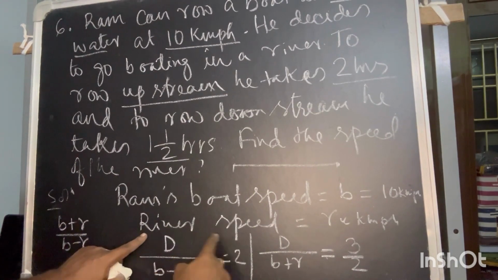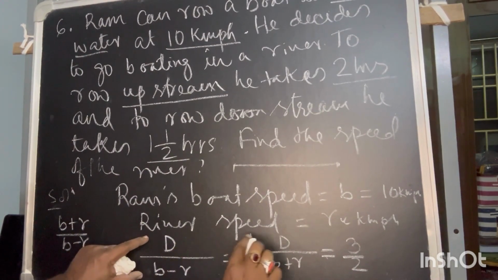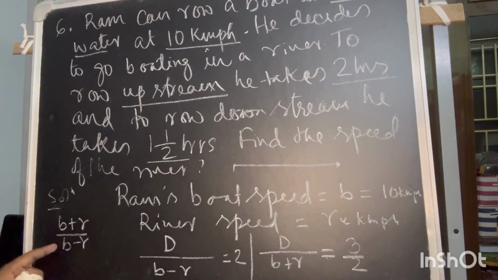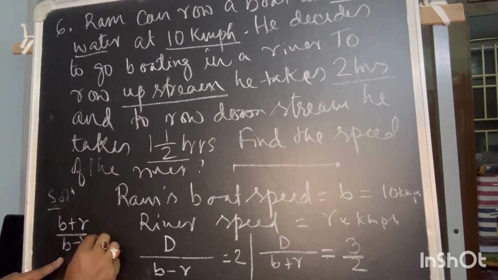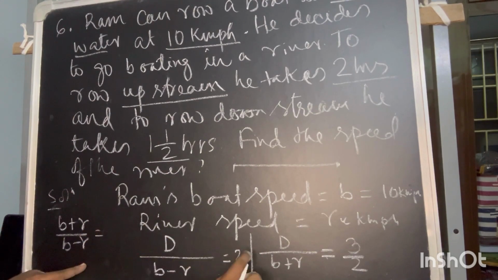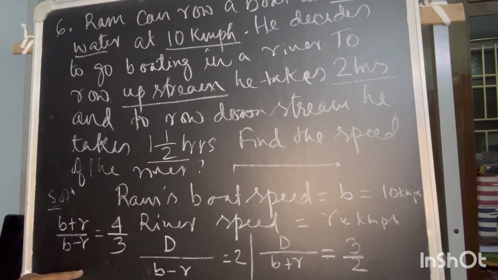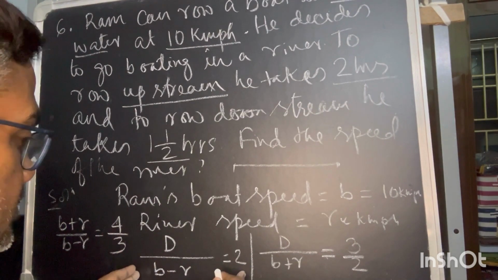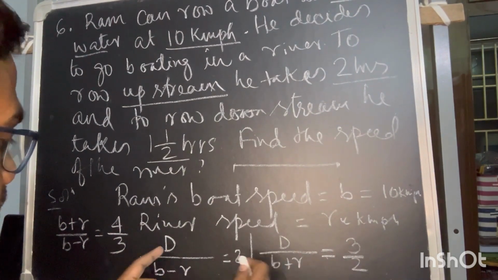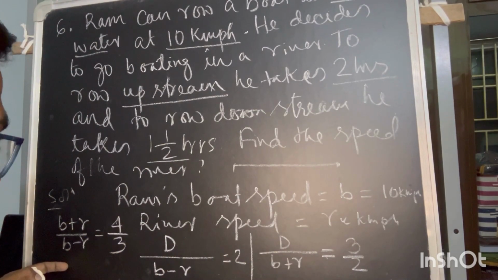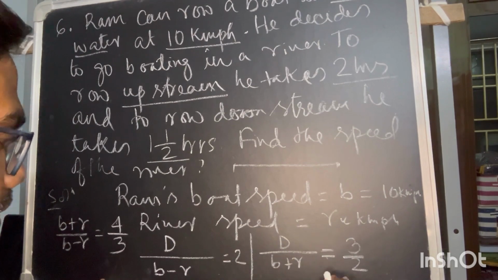If we divide this upon this, this will turn up on the top, that means 2 by 3/2, which is 4 by 3. I am dividing this by this, so d will be cancelled out, b plus r will go up, b minus r will be there, and 2 upon 3/2 is 4 by 3.